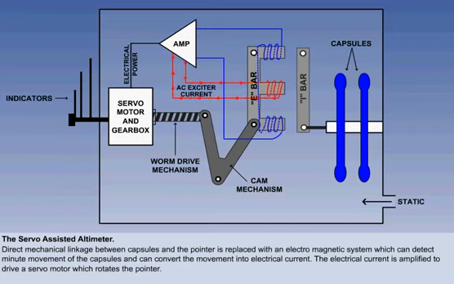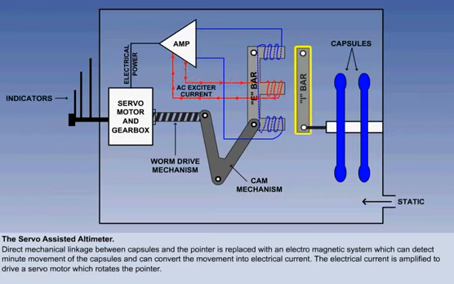Minute movements of the capsules can be sensed by this system, and the movements converted into electrical current by an electromagnetic pickoff. The electric current generated is amplified and used to drive a servo motor which rotates the pointer.